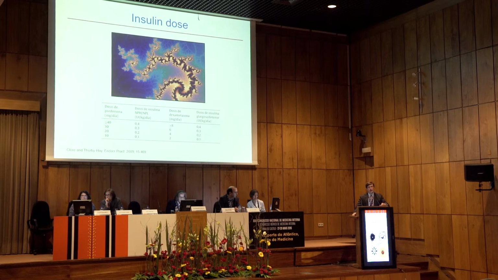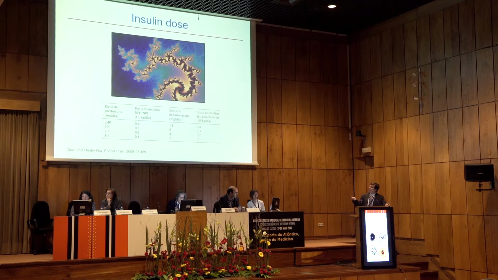Now, how can we select the insulin dose? This is a matter of science and art, and this is a table which is quite useful, and the numbers for adjusting the insulin are taken from the dose of prednisone and the weight of the patient.